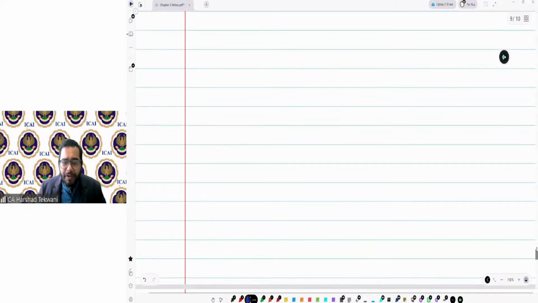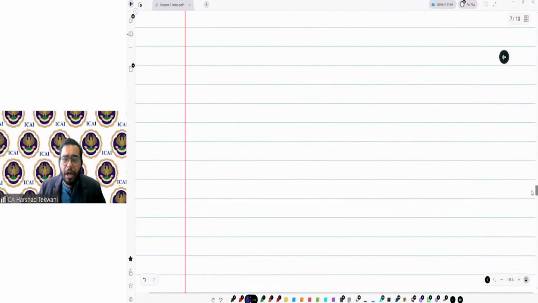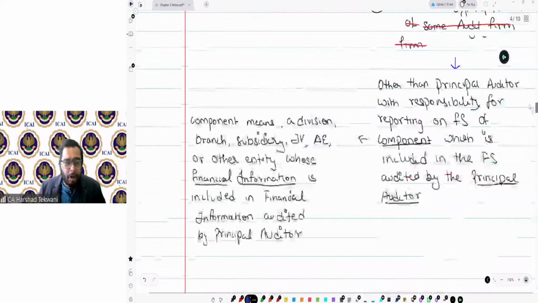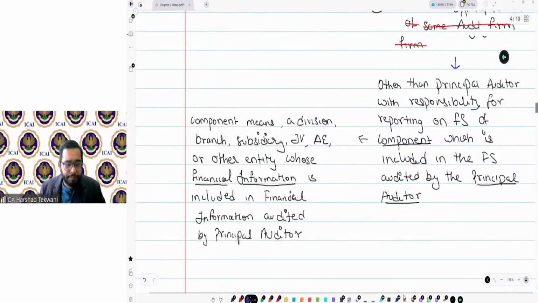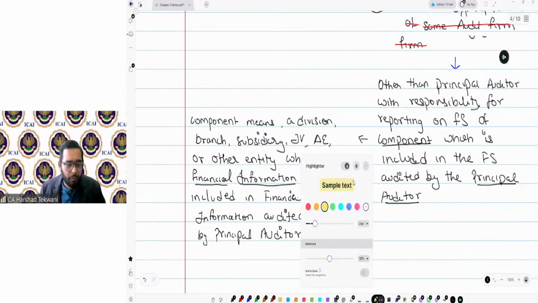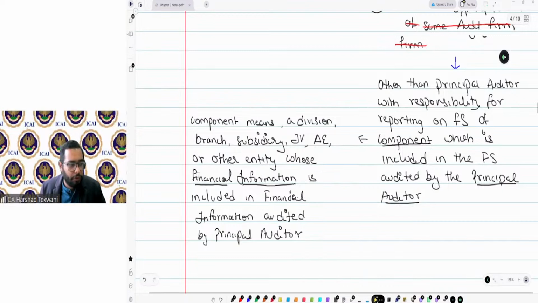It could be a branch, division, subsidiary, joint venture, associated enterprise, all those things. So we are talking about financial information included in the financial information which is audited by the principal auditor.